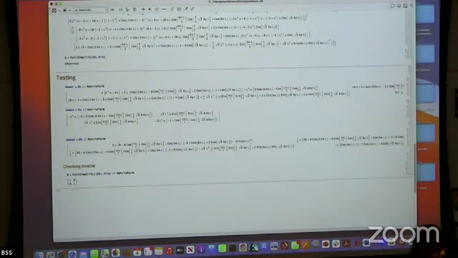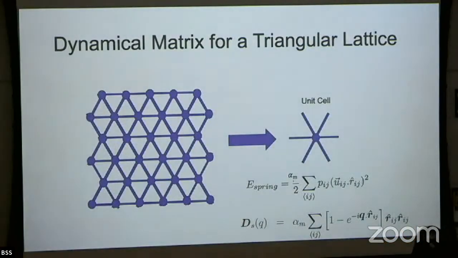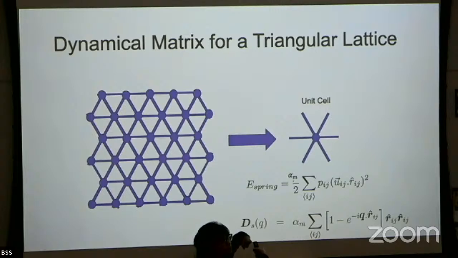Formally, for a 1D chain, you will just have one term. You will sum over bonds, but they are all going to be bonds in the same chain. You are not going to sum over different directions or anything. So that's a much simpler situation.